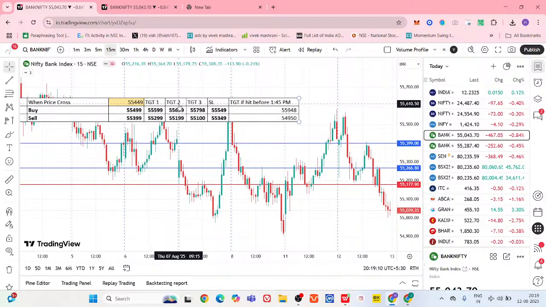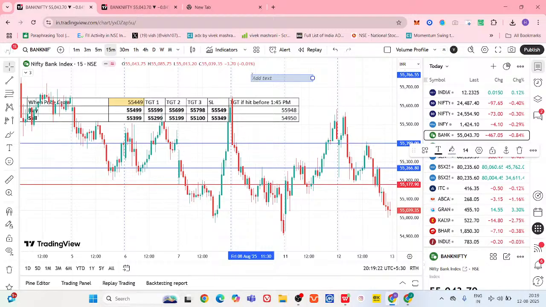So what will this help with? It will show you the direction, the entry levels, the trend for the day. What am I saying? The benefit of this calculator, or whatever you want to call it, a price action indicator, is that it will tell you the trend, the entry levels, and the targets: target 1, 2, target 3.